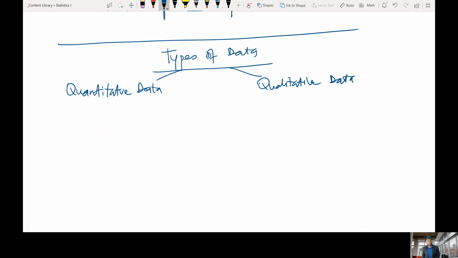Now, quantitative data are basically numerical data. And qualitative data are categorical data.